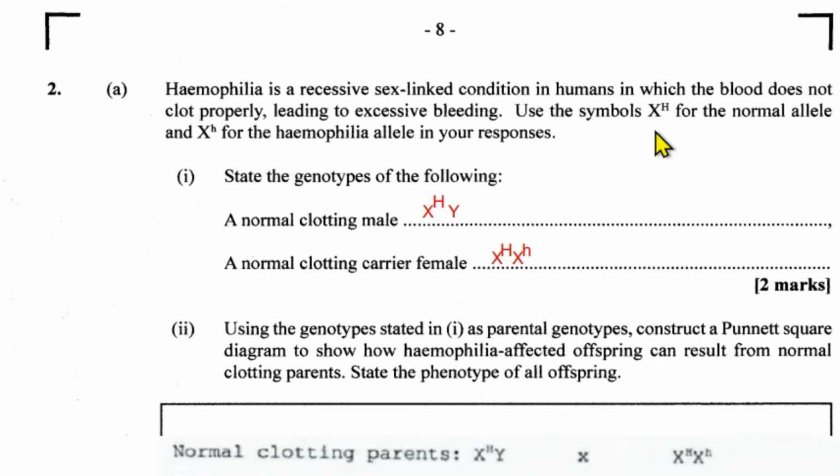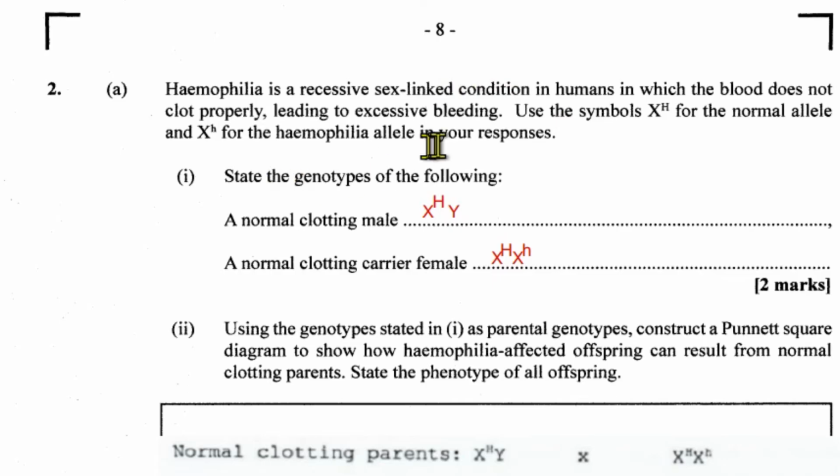It does not have the locus or the position or the space to carry the hemophilia allele or the normal allele for not having hemophilia. So only the X chromosome has it, and this is why it is called a sex-linked condition or sometimes an X-linked condition.